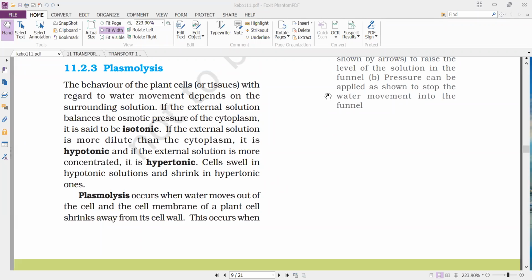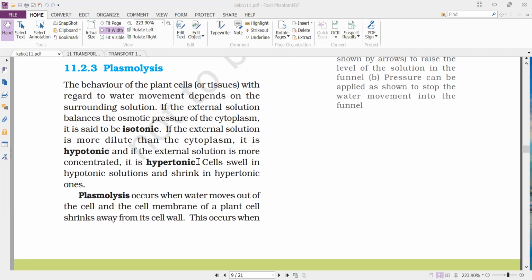And next, if the external solution is having a higher concentration than the cytoplasm of the cell, then we say that the external solution is hypertonic to the cell.